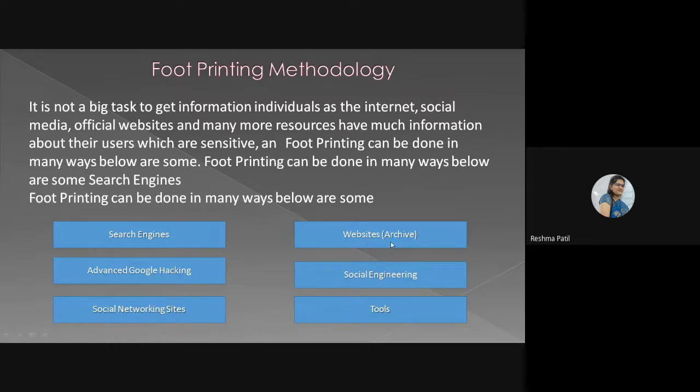Websites give website-related information, plus the location and address of that particular organization. Social engineering sites give information about a particular person or organization, and there are other tools. So these are some methods using which we can gather information.